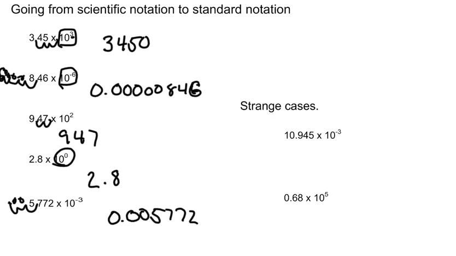Okay, now these strange cases act the same way, and it's not strange cases because of the number, but it's a strange case because of the coefficient. Sometimes you will see coefficients that are written not between 1 and 9.99999.